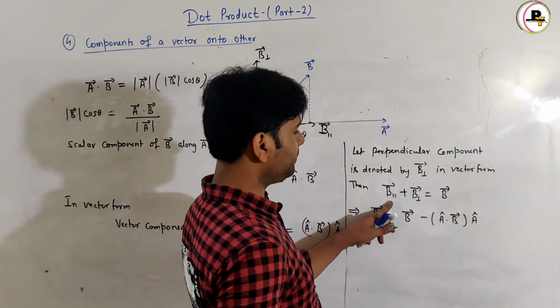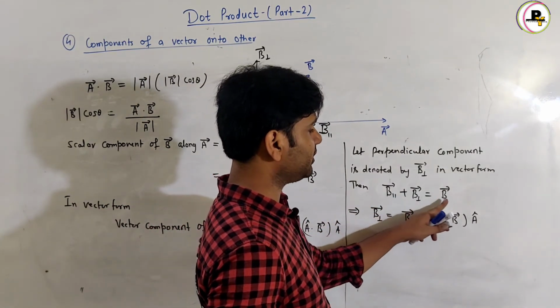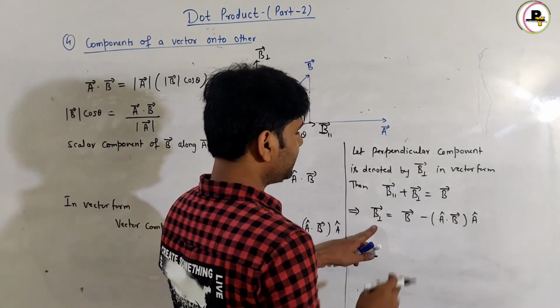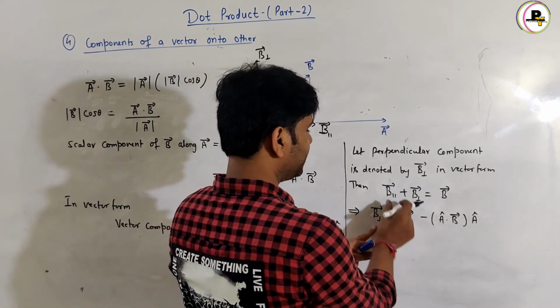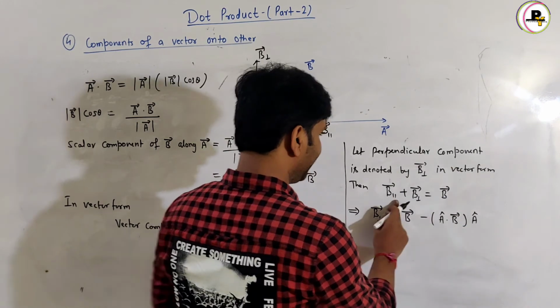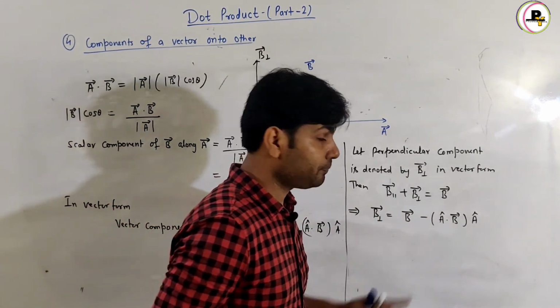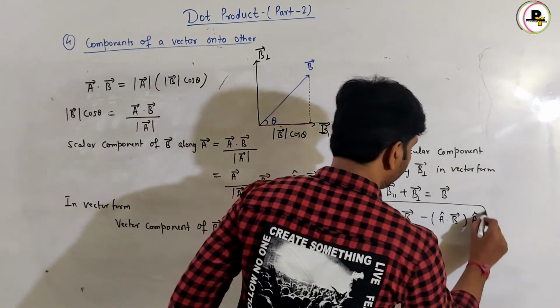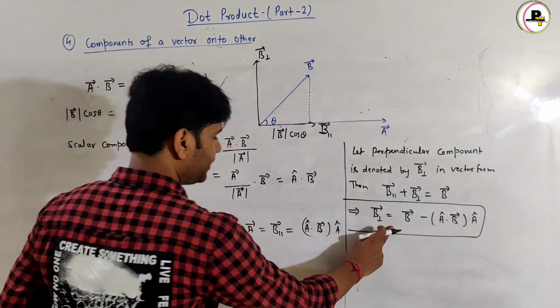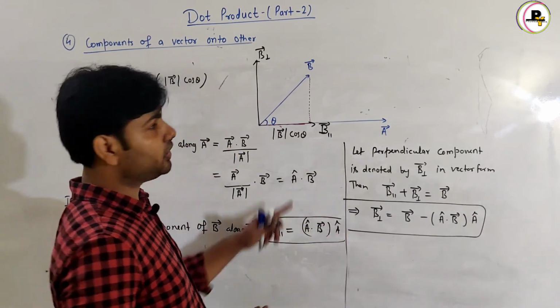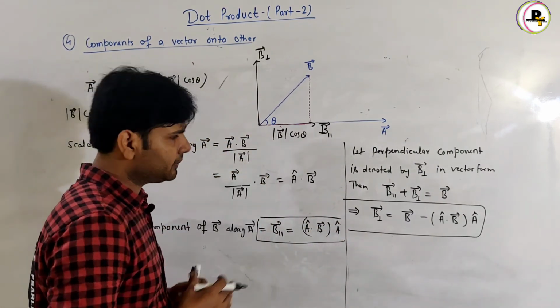So I can write B parallel vector plus B perpendicular vector is equal to B vector, and therefore B perpendicular vector is equal to what? It is B vector minus B parallel vector, and B parallel vector is what? It is A cap dot B vector into A cap. So by using this formula I can find the perpendicular component, and using this formula I can find the parallel component of vector B onto vector A.